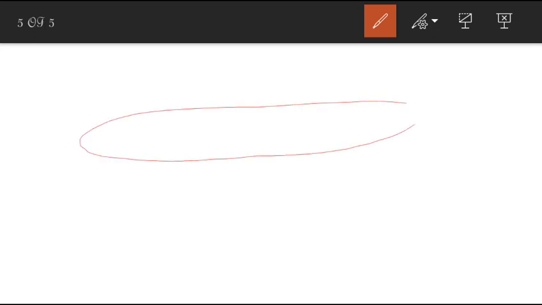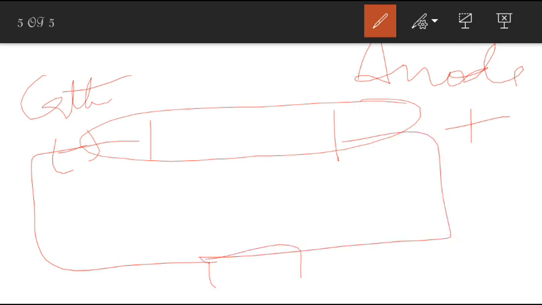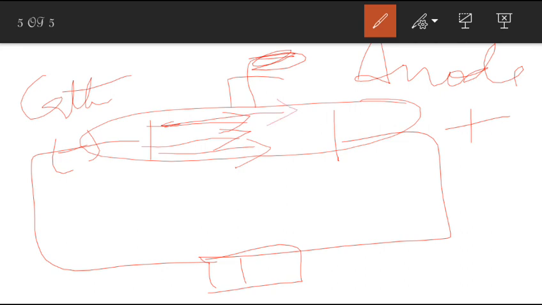I will show you here. For example, this is the discharge tube experiment. This is the cathode, the negative terminal of the battery, and this is the anode, the positive terminal of the battery. This is the battery, and here is the vacuum pump. What did he observe? He observed that different rays were created at the cathode, and they struck the positive terminal of the battery.